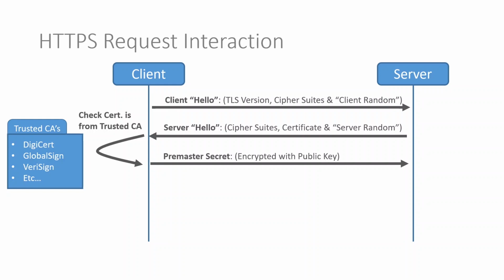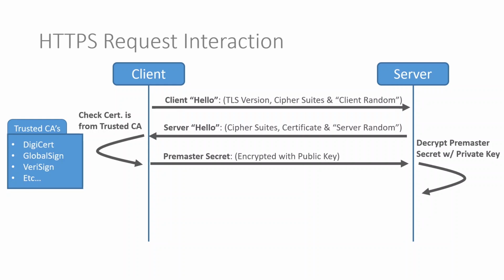Now remember when I was talking about public and private keys, you've encrypted some data. Again, it's really just sort of randomized data encrypted with this public key because you trust the certificate, and the only person that can decrypt that data now is the holder of the private key, in this case the server.